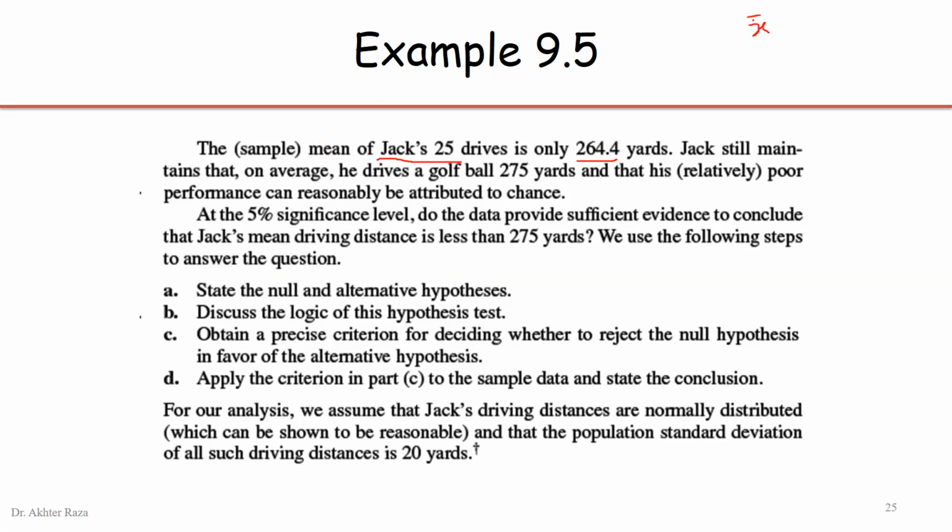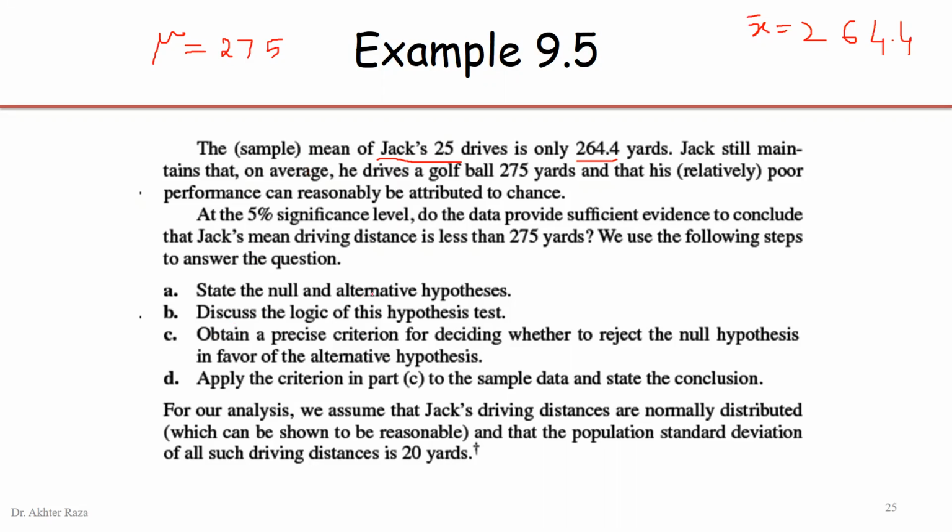This is the sample mean. And your population mean is 275 yards. This is the population mean that we have to test. We have to test the standard value of Jack, which is 275, which is described in the hypothesis.